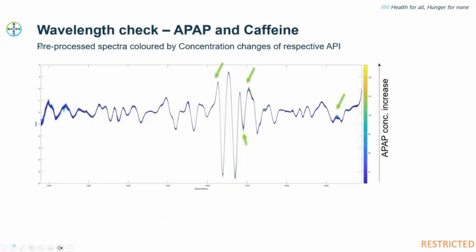We can also have a look at the pre-processed data, color-coded by concentration changes of the respective APIs. And our APAP concentration increase goes from dark blue to light yellow, and you can see there are numerous peaks that can be assigned to the concentration change of APAP.